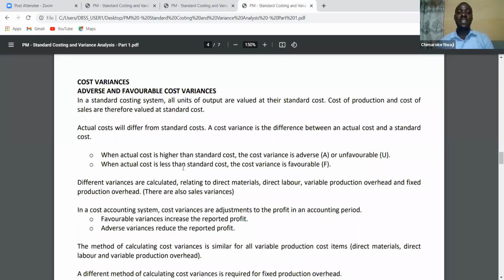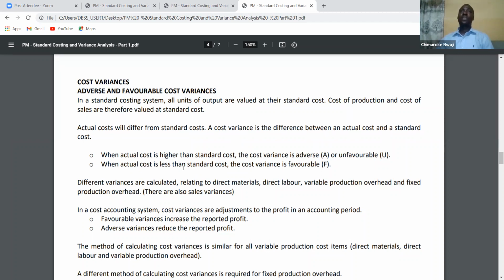When the actual cost is higher than the standard cost, the cost variance is adverse. So it means that we plan to spend money on a particular amount of materials, maybe for 1,000 kilograms of material, we plan to spend a particular amount of money.